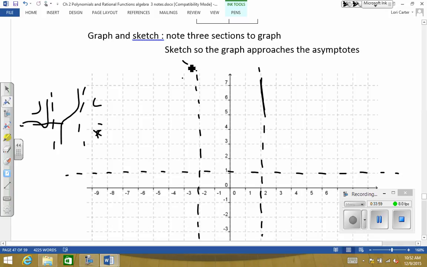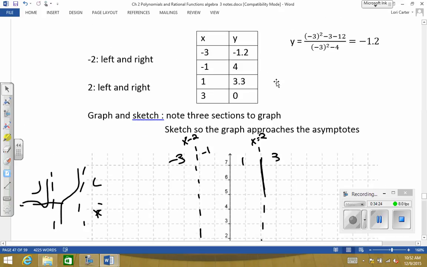If this is x equals negative 2, then negative 3 and negative 1. This is x equals 2, so what do I want to use? 1 and 3. So you're plugging those 4 points in just like before, except instead of 2, you have to plug in 4.